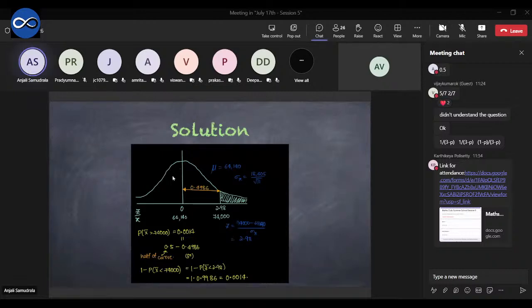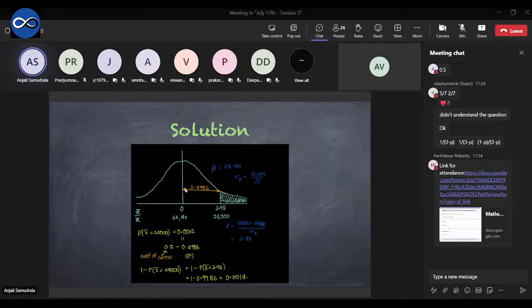So greater than 74,000. Here mu is 64,000, and the standard deviation is sigma by root n, which gives you the new standard deviation. Then we find the normalized constant using the formula z equal to x minus mu by sigma x.